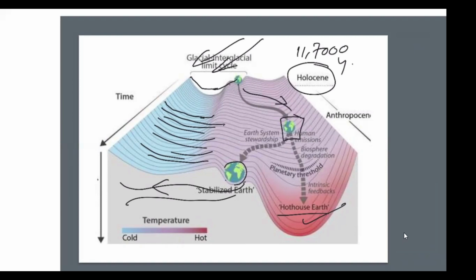But of course, after many millions of years, new life would emerge there. So the scientists are asking, can we prevent this process, the fall of the Earth into the hothouse Earth, and drive back this to this?